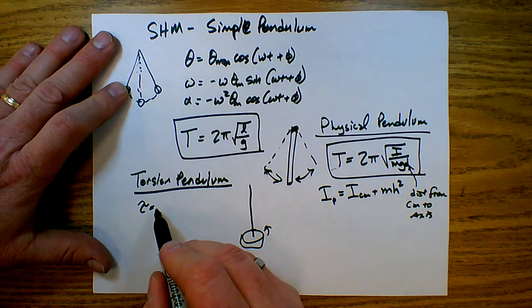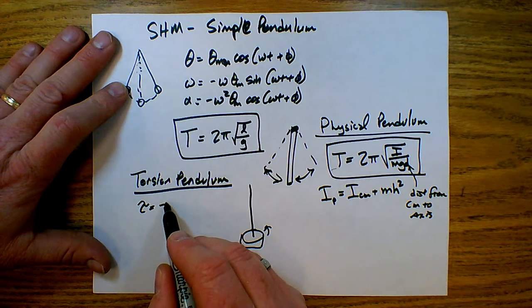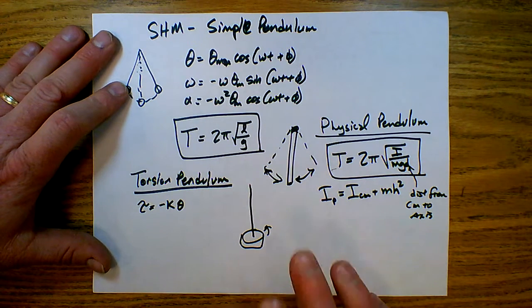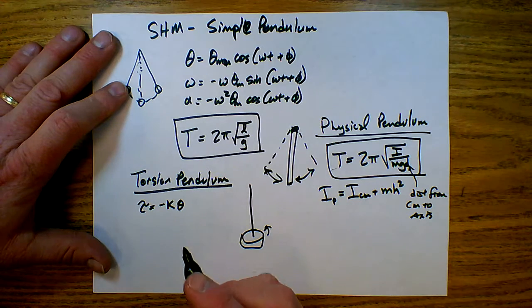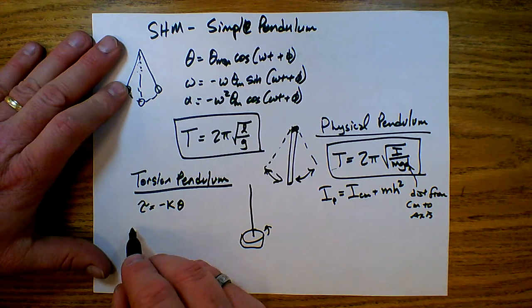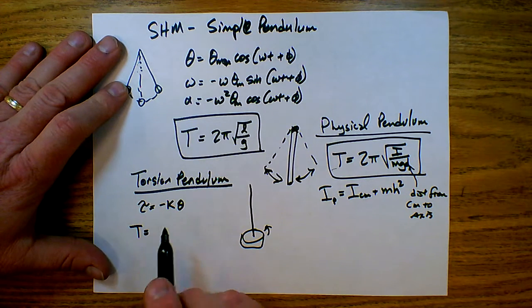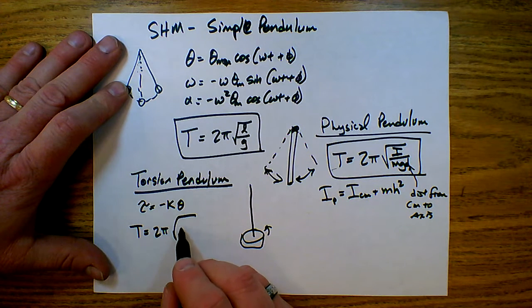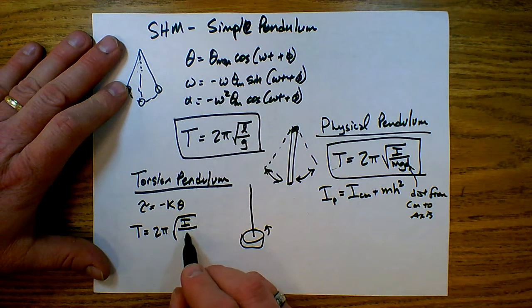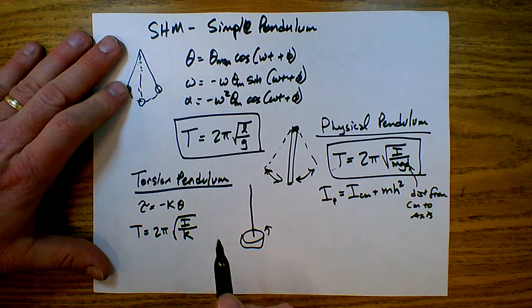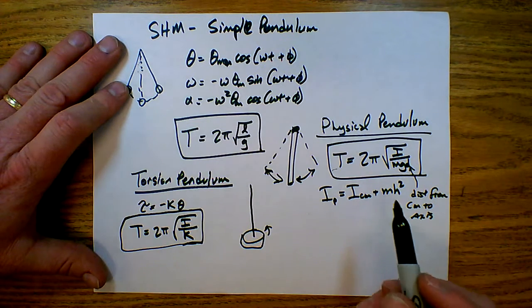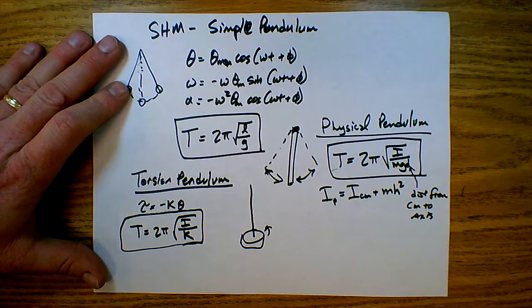The torque produced by that is equal to minus a constant times the angular displacement. So it's a twisting type of force with a twisting restoring force. And the period of a torsion pendulum is found by taking 2 pi times the square root of inertia over this torsion constant. And that is how you find the period of a torsion pendulum.